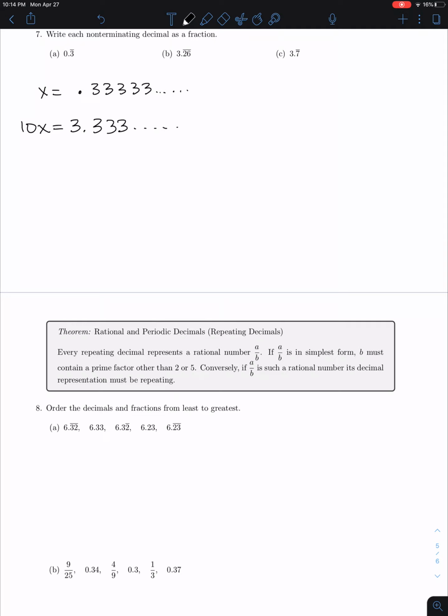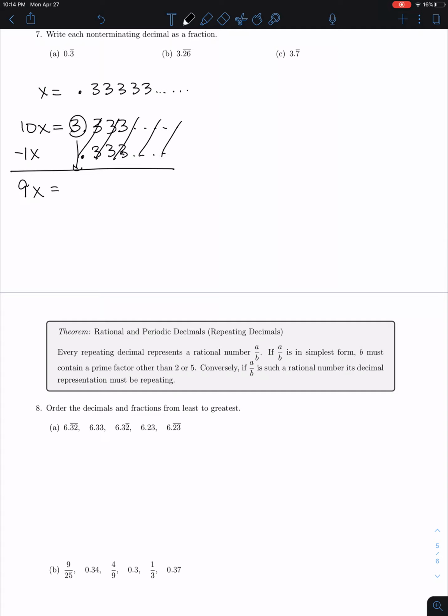Now what we want to do is put this original equation underneath, and subtract these two equations from each other. On the left-hand side, 10x minus 1x is just going to give me 9x. But the cool thing about the right-hand side is, notice when I do 3.333 repeating minus 0.333 repeating, all this repeating stuff just cancels out.